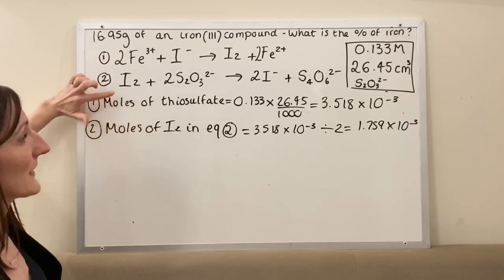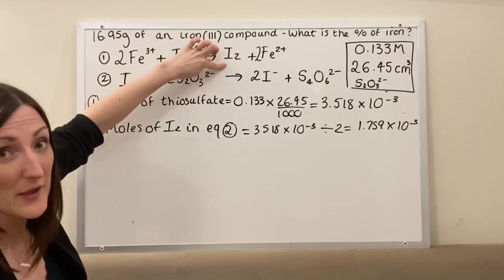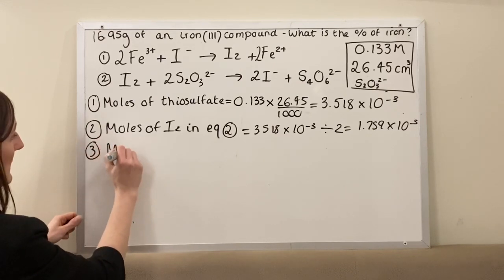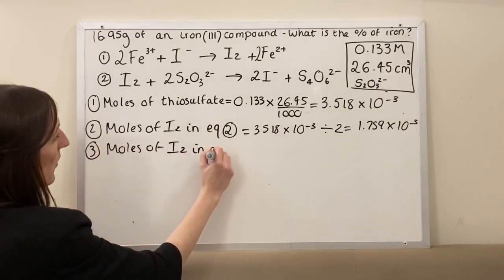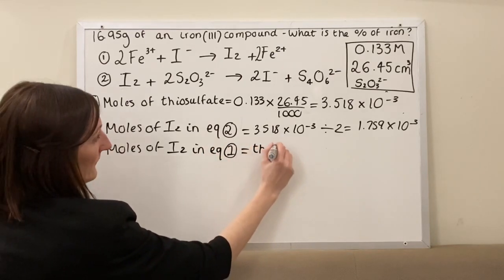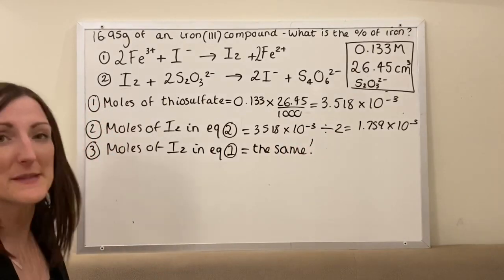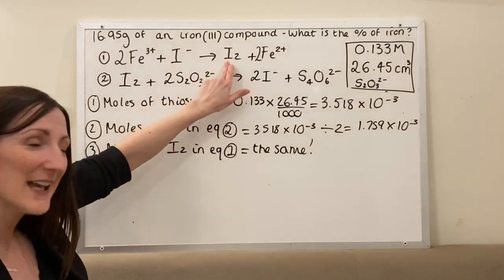If I've got 1.759 times 10 to the minus 3 here, that's how much I've got here. So my moles of iodine in equation 1 is just the same: 1.759 times 10 to the minus 3.